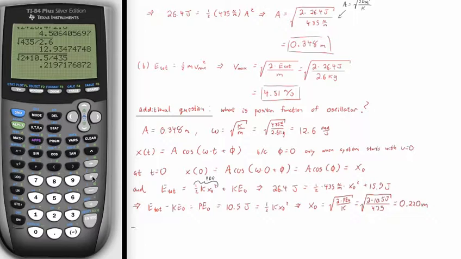Thus, 0.348 meters, which is just the amplitude, times cosine of phi equals 0.220 meters, which tells us that phi is going to be cosine inverse of 0.220 divided by 0.3480.